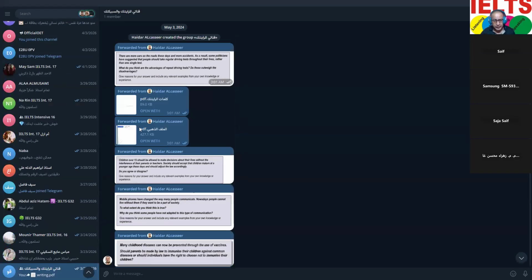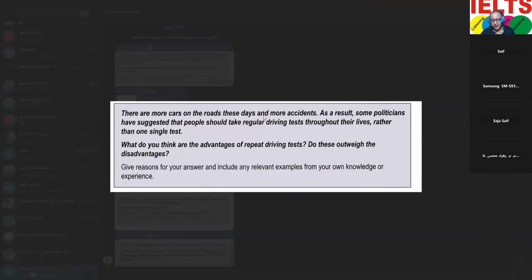Here's the question. There are more cars on the roads these days and more accidents. As a result, some politicians have suggested, you did not write this as a synonymous expression. You did not paraphrase it, nor write that people should take regular driving tests throughout their lives rather than one single test.